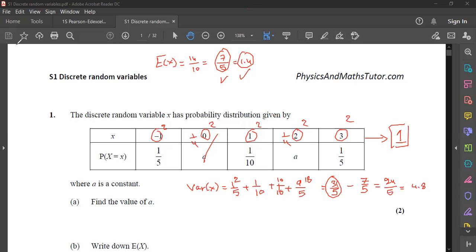So this is the variance. Let me write it down. E of x is 7 over 5 or 1.4. The variance of x is equal to 24 over 5, equals 4.8.